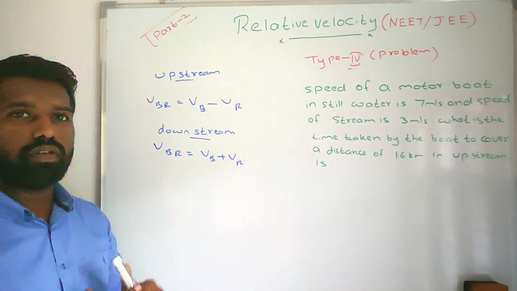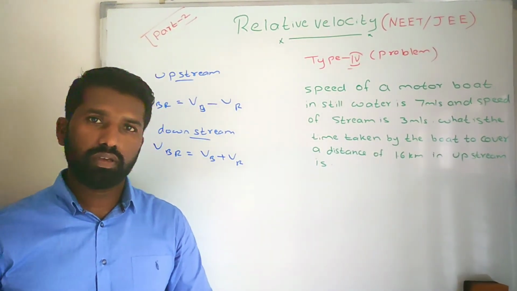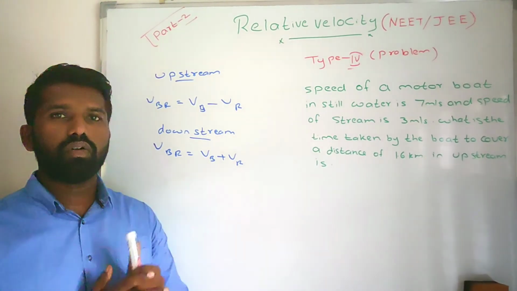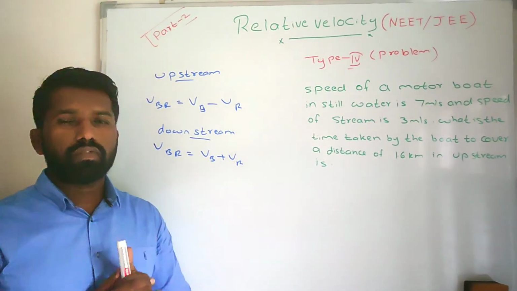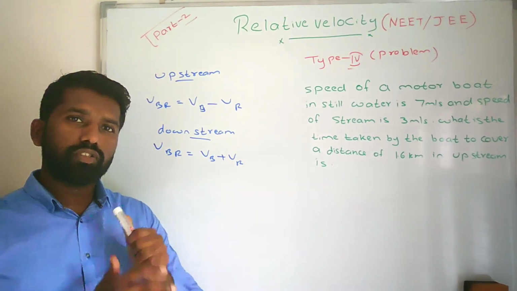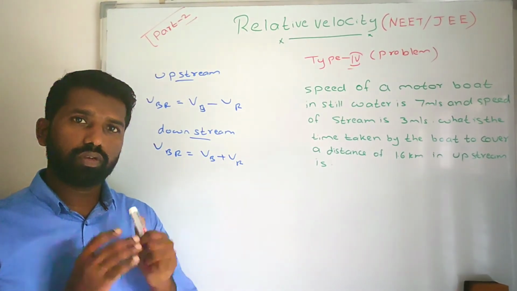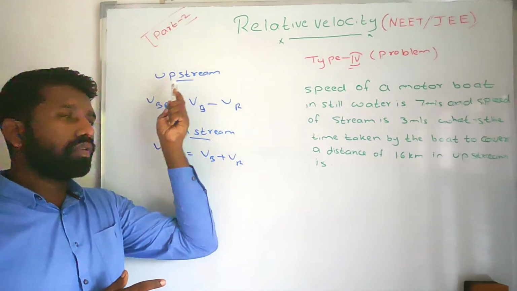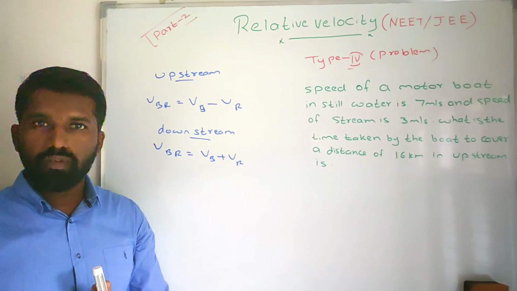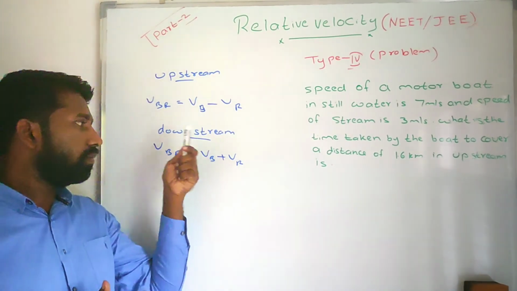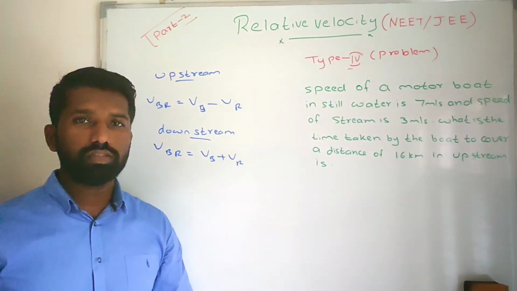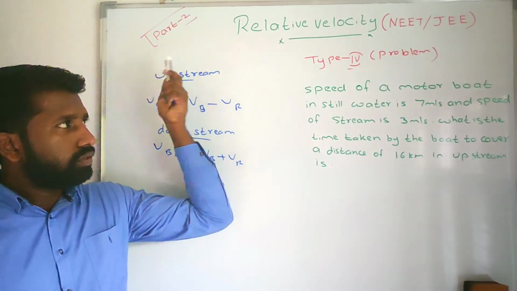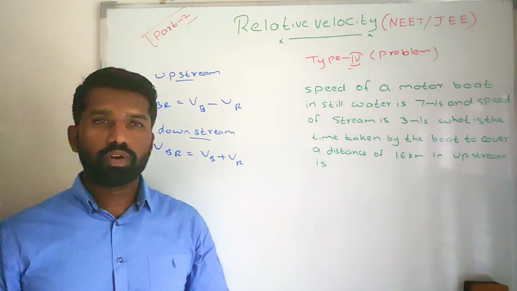You can easily identify this when swimming in a river. If you swim in the opposite direction, it is very difficult to cover the distance, because the velocity decreases. If you swim in the same direction as the water flow, it is very easy to cover a distance. Okay, clear? So based on this we will solve some problems.